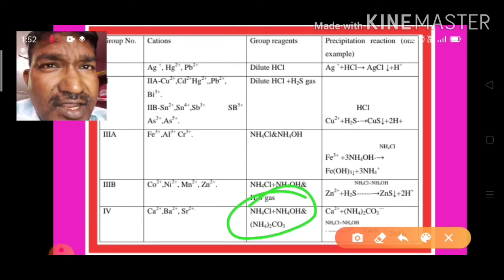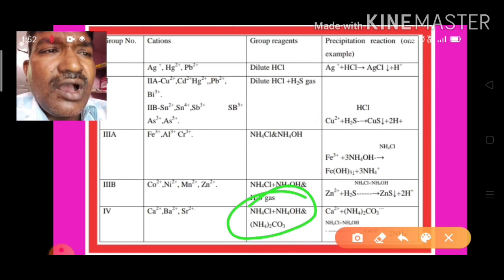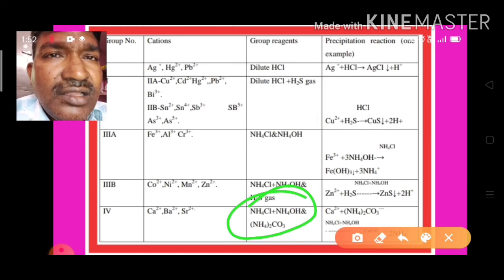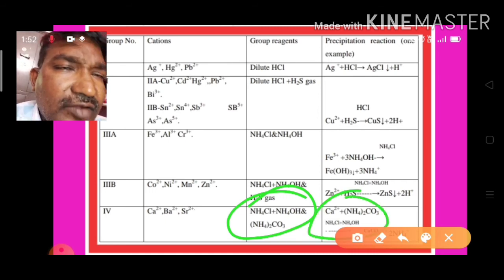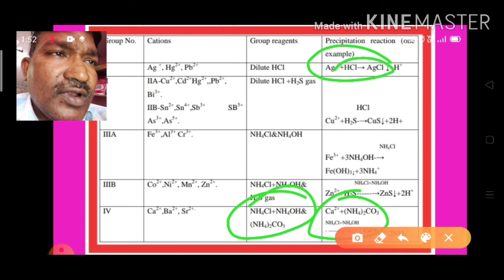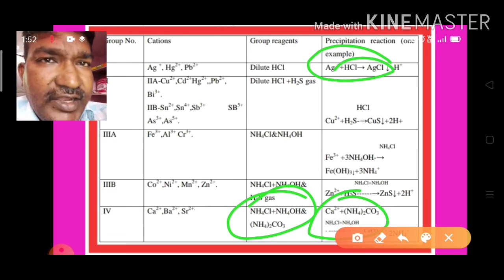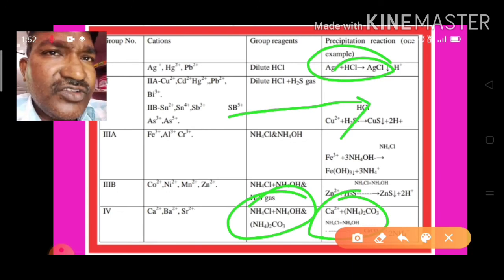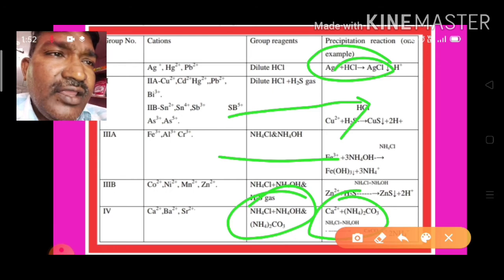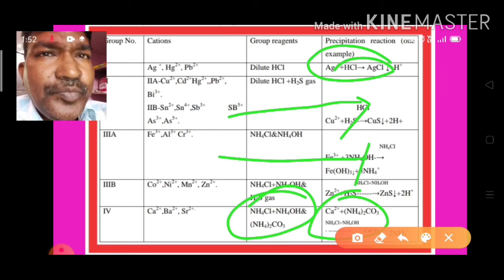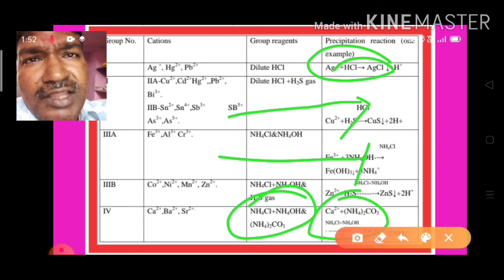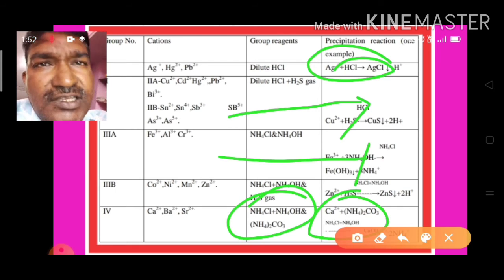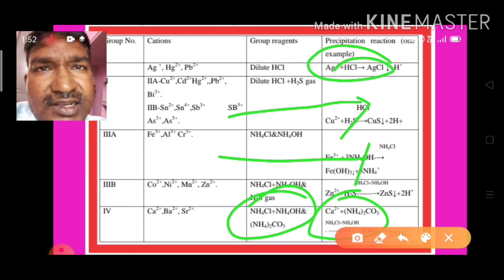Fifth group cations are precipitated as their carbonates, and all these carbonates are white in color. First group chlorides are white, second group sulfides have different colors, and third group cations form hydroxides, which again have different colors.